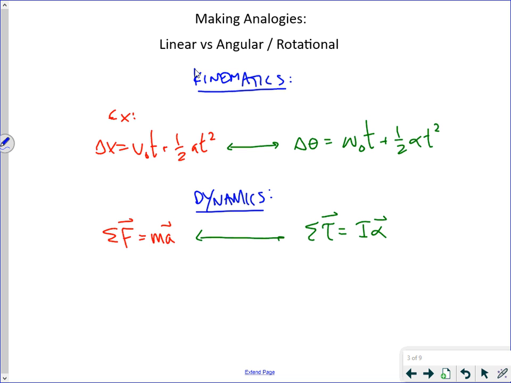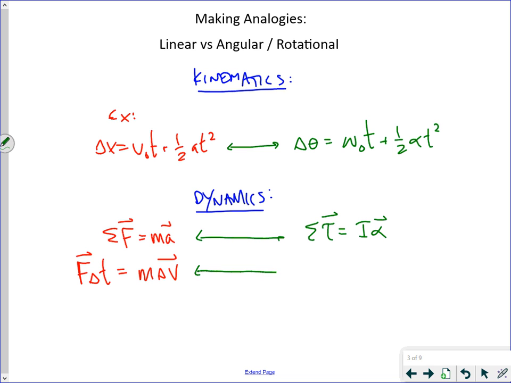When we get into momentum, we typically turn net F into something a little different. We can say this turns into F delta t equals m delta v.